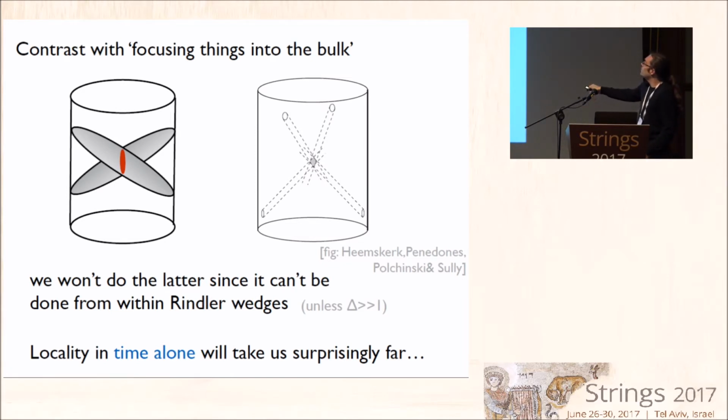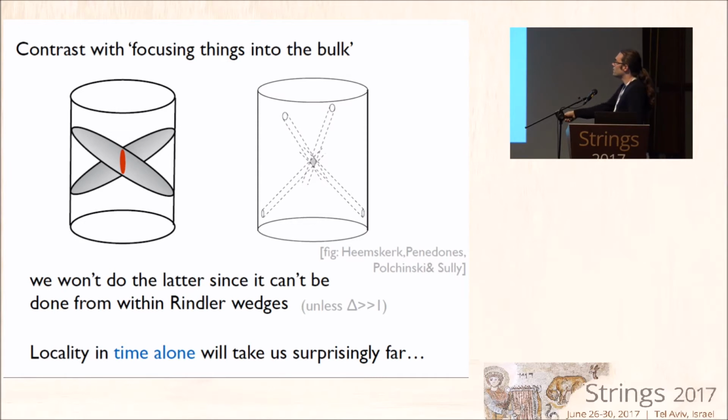We're going to do that because this is really the best we can do while staying within the Rindler wedges. Because if you try to focus things inside the bulk, you need this point and this point to all be time-like, so you have to exit the Rindler wedge. And it will be clear in the next few slides why we get more constraints if we stay inside these wedges.